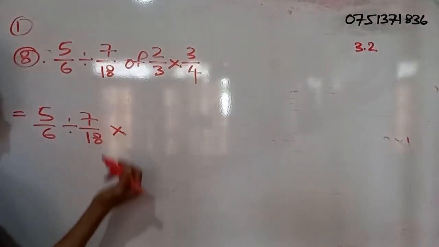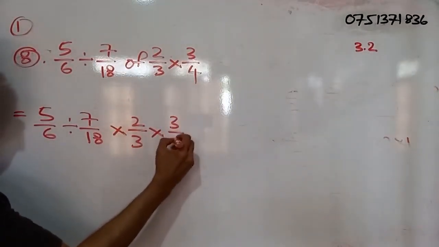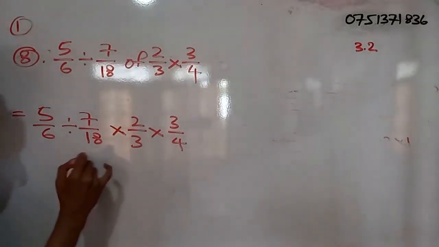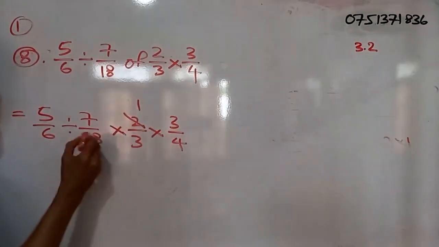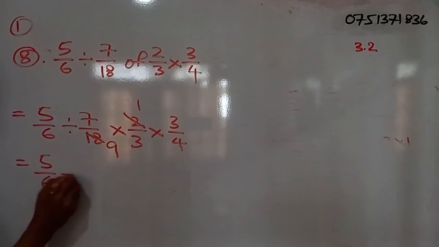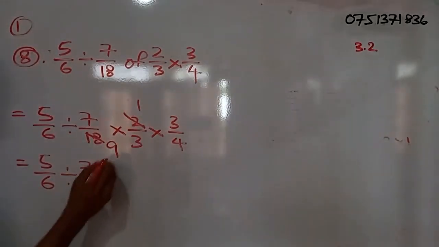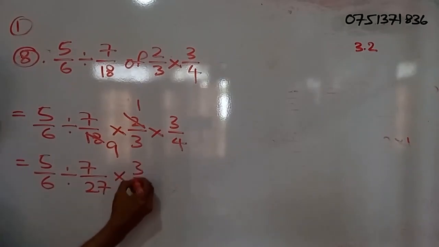Instead of "of", I'm going to use the multiplication symbol and 2 by 3 into 3 by 4. Right. So we will do the simplification on this portion. Right. So 2 times 1 and 2 times 9. So 5 by 6 divided by 7 times 1, we get a 7. 9 times 3, that is 27 into 3 by 4.